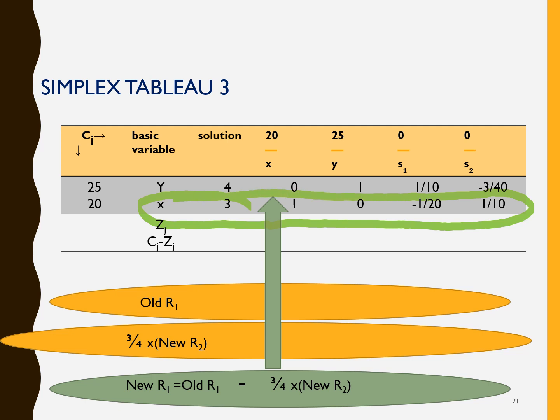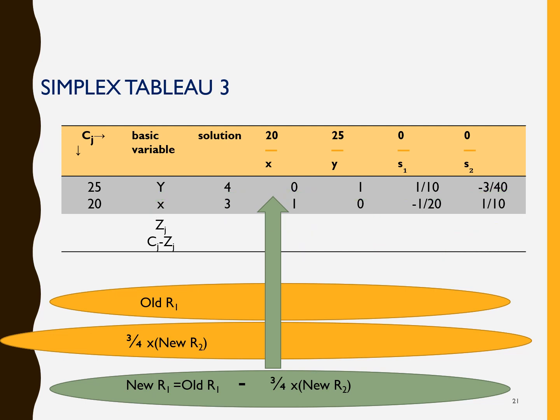Initially it was 30, so we made it 3. It was 10, so we made it 1. It was 0, still 0. And then we had minus 1 by 2, so we made it minus 1 by 20. And lastly, it was 1, now it's 1 by 10.